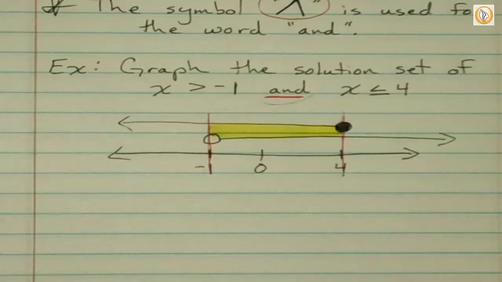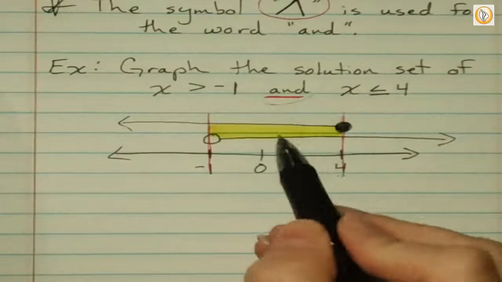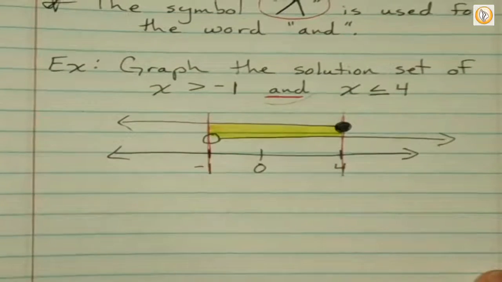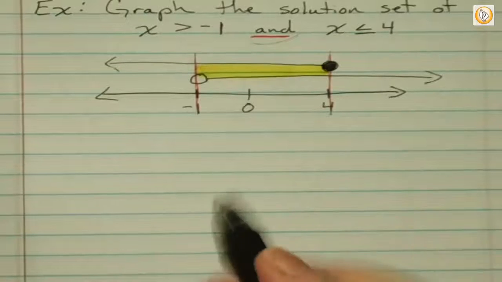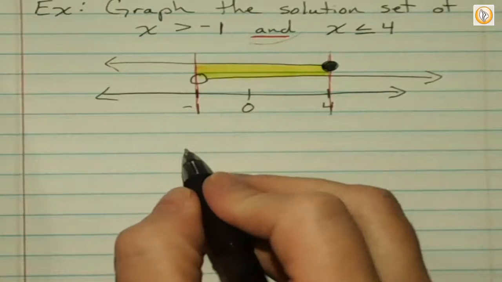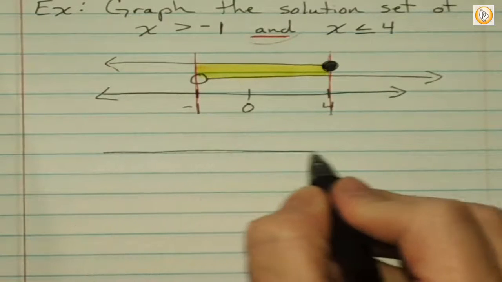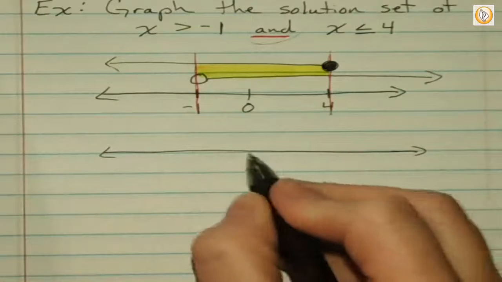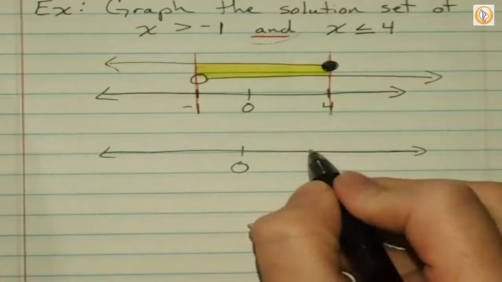Does everyone see that this is the area that both are included? Therefore, on the graph, it would actually look like this.